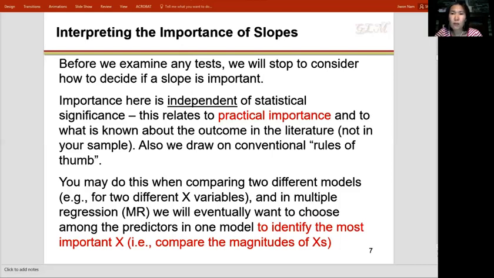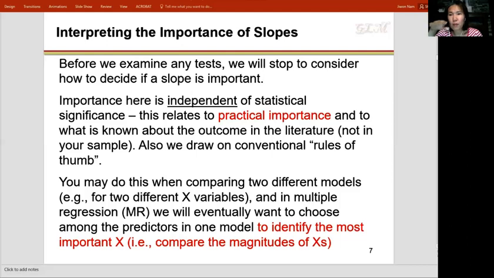For example, last week I was talking about weight and height, right? Weight and height use different units, right? Pounds and feet, they're different.